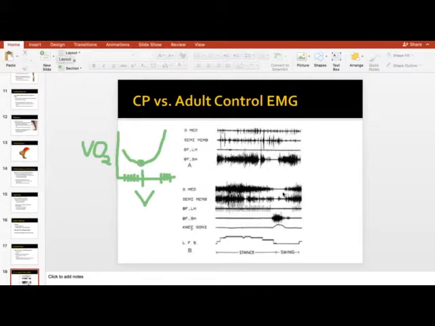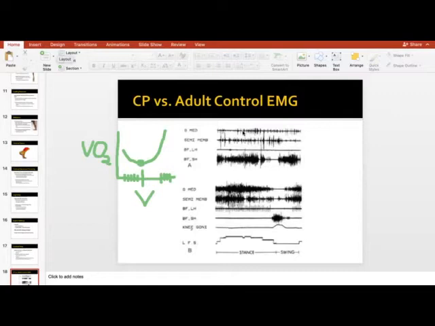So for me, the walking pattern might be more of a pendulum walking pattern where I take advantage of my anterior tibialis muscle firing eccentrically and storing energy and allowing my lower leg to come up and over my axis of rotation. But for somebody who has CP, they have co-contraction. The muscles are all stiff and firing all at the same time. My leg just simply can't function like a pendulum.